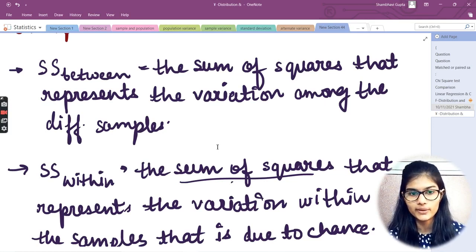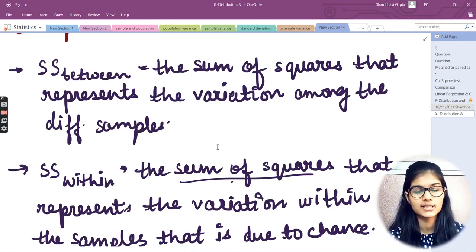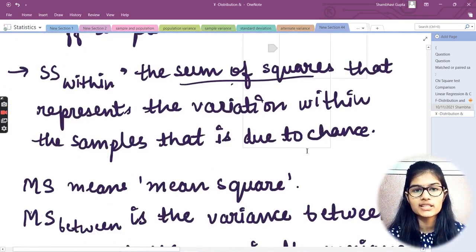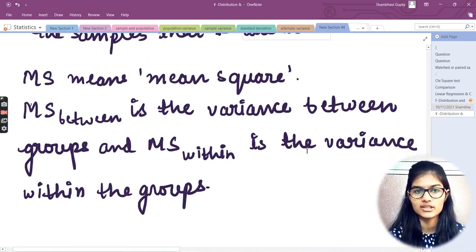It represents the variation among the different samples. What about the within? SS within is the sum of squares that represents the variation within the samples, and that is due to chance.